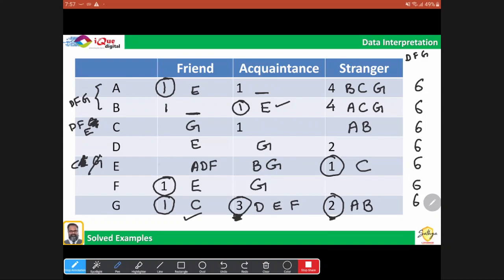So for A, I have got 3, 2 and 1. So E and C. That means C and E. You get this part? Correct?